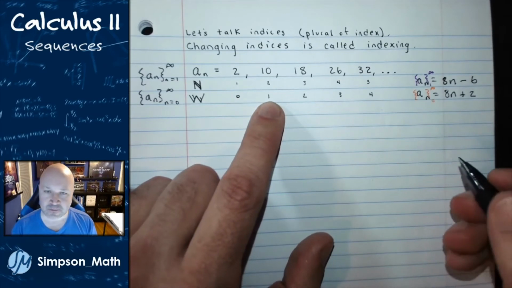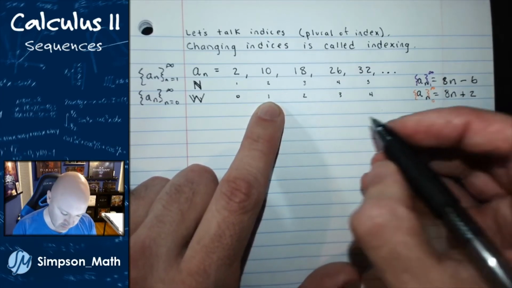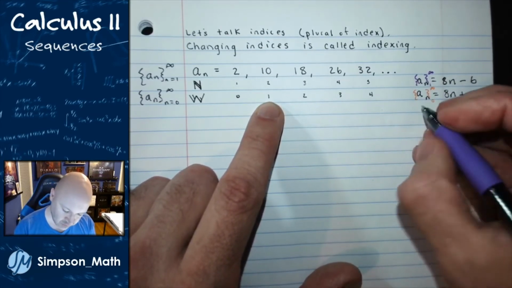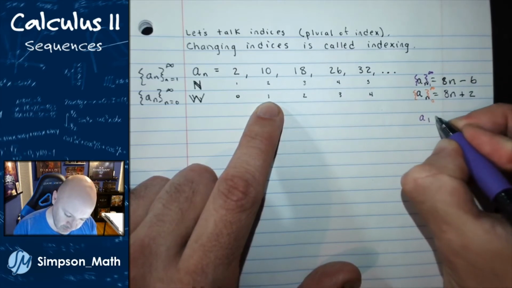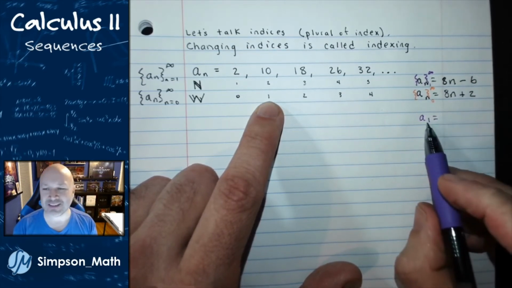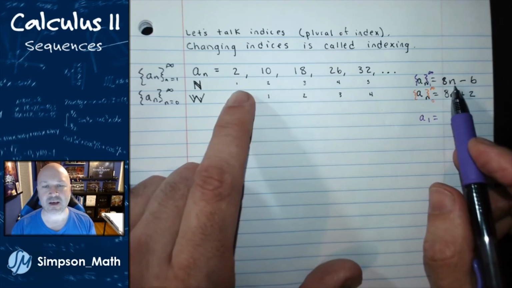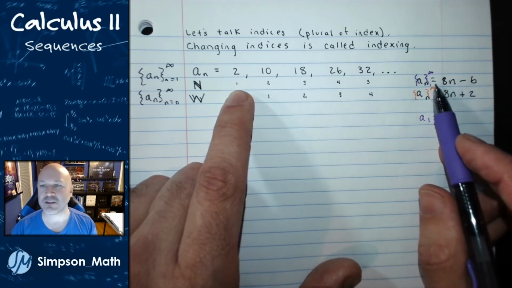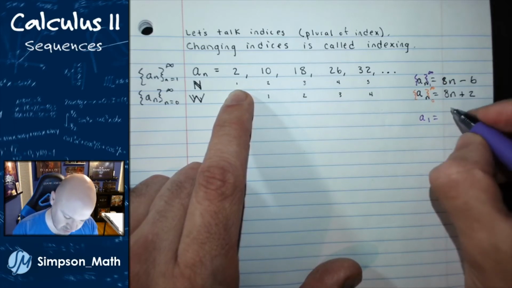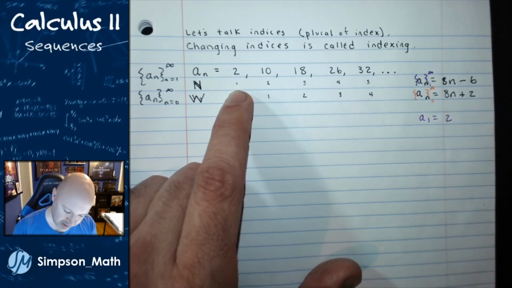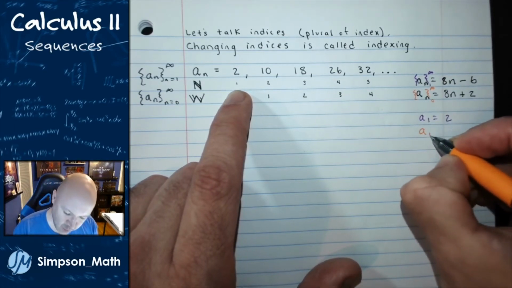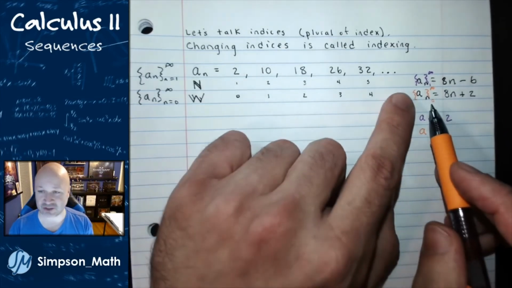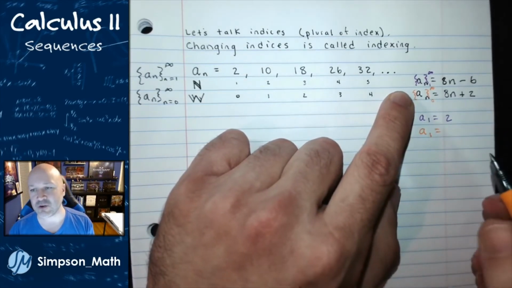Again, if I wanted a sub 1 for both of these, a sub 1 is talking about the first term here, 2, whereas a sub 1 in the second version is a different story.